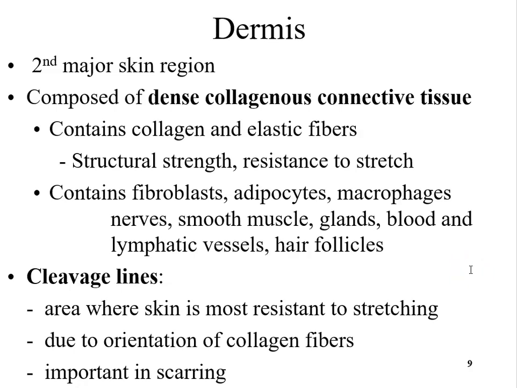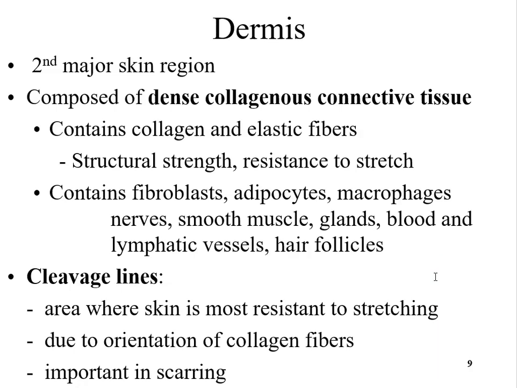While this is irregular collagenous connective tissue, the fibers are oriented in certain directions more than others, and this gives us cleavage lines. These are areas where the skin is more resistant to stretching and tearing, just due to more fibers being oriented that way.